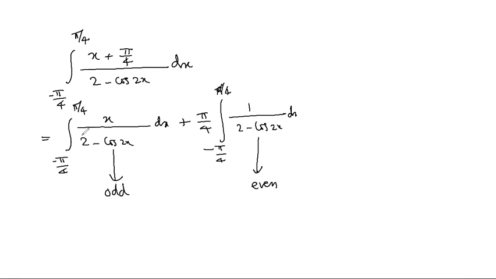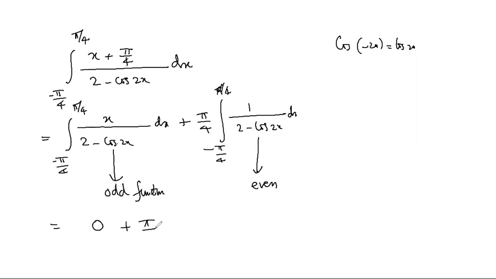Tell me why this is odd. Cos of minus 2x is the same as cos 2x. So when I replace x by minus x, the denominator does not change, but the numerator x will become minus x. So this turned into an odd function. And naturally this will turn into an even function. So the first part answer is 0.